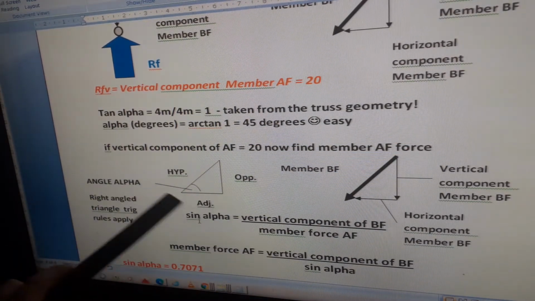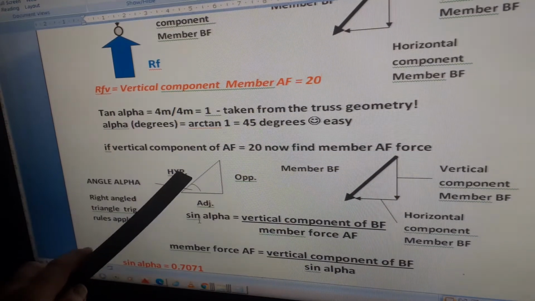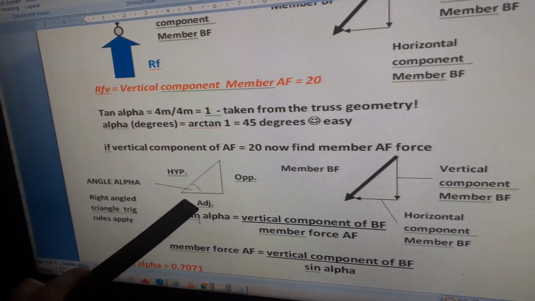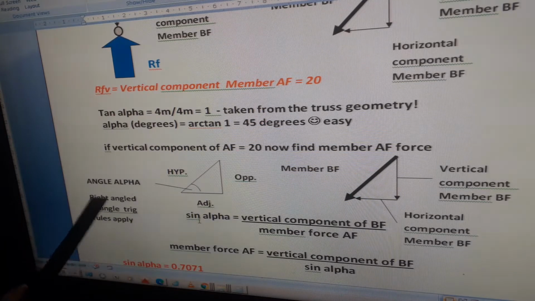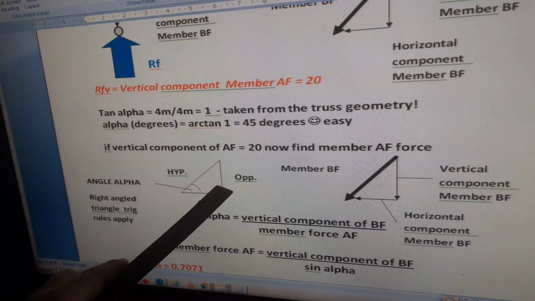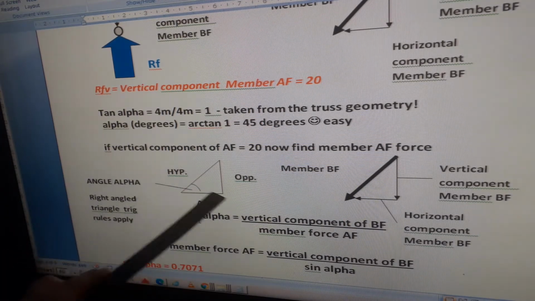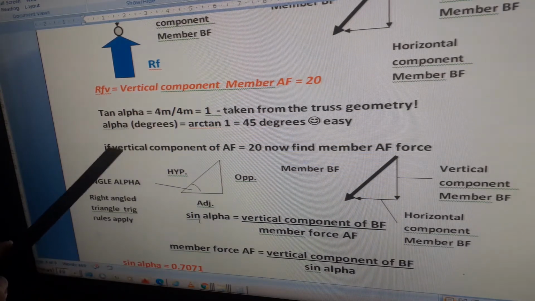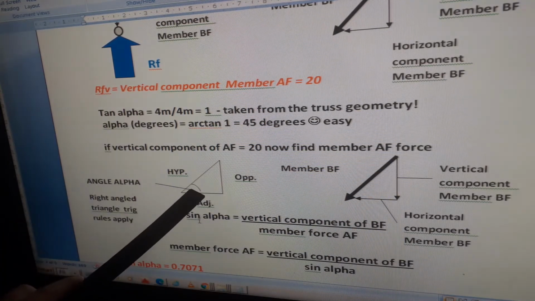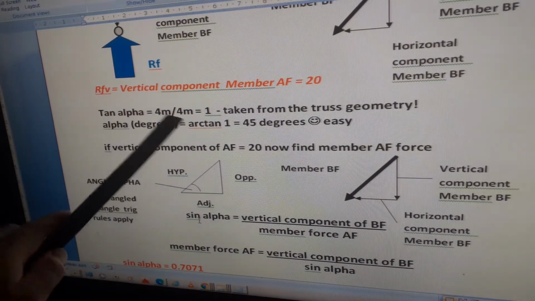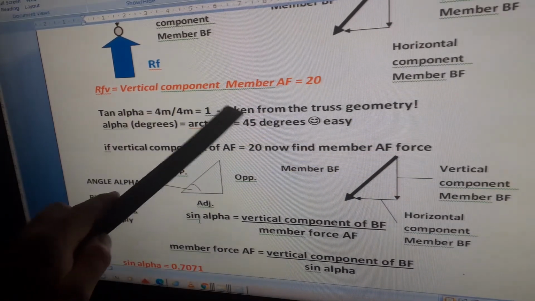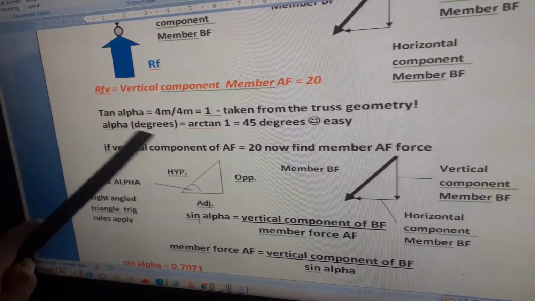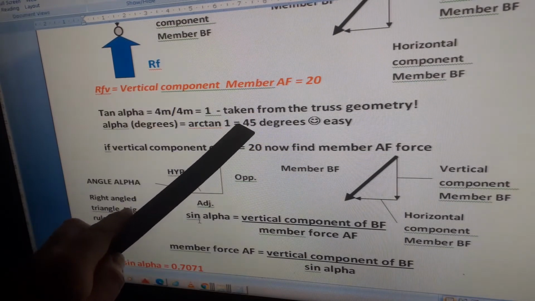There's opposite over adjacent, angle alpha, and that's the hypotenuse. We have a right angle triangle. This is the vertical, this is the horizontal. So tan alpha, we're trying to find alpha now, equals opposite over adjacent equals 4 meters high by 4 meters wide equals 1, taken from the truss geometry. Alpha equals arctan 1 equals 45 degrees.